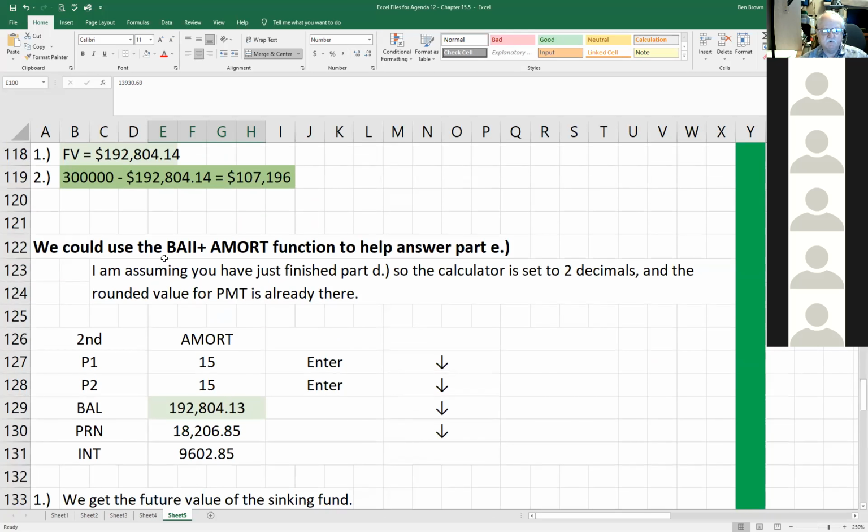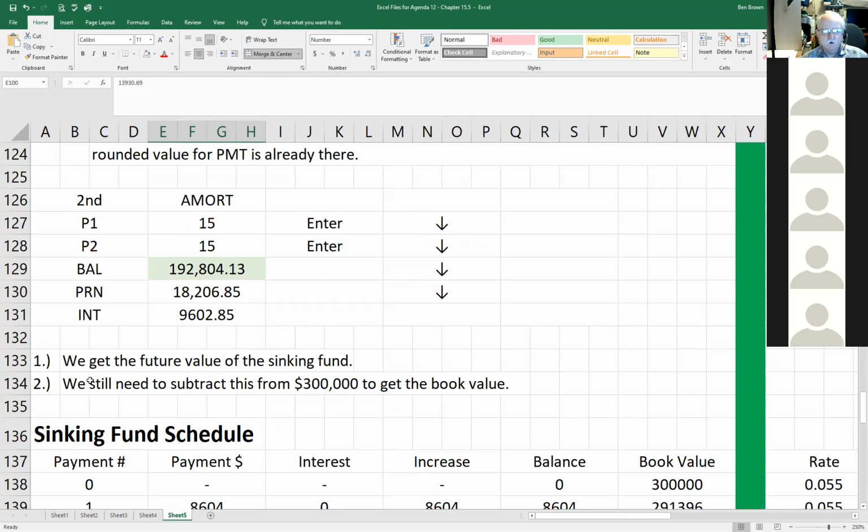And amazingly enough, we could find this 192,000 using the BA2 Plus amort function, but we'd still need to subtract this from 300,000 to get the book value.